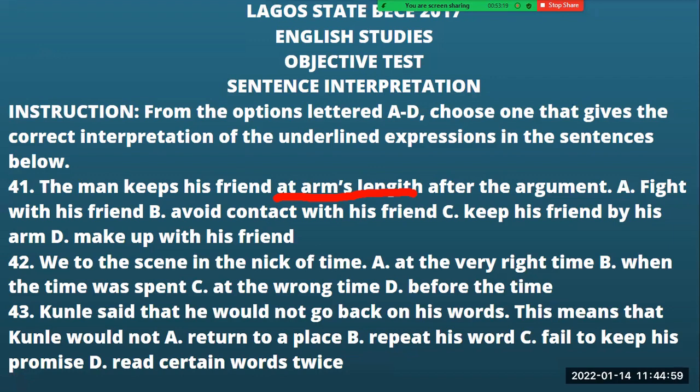All right, so let's look at the various options. Option A, fight with his friend, no. B, avoid contact with his friend, yes. This is exactly what it is. C, keep his friend by his arm, no. D, make up with his friend, no.